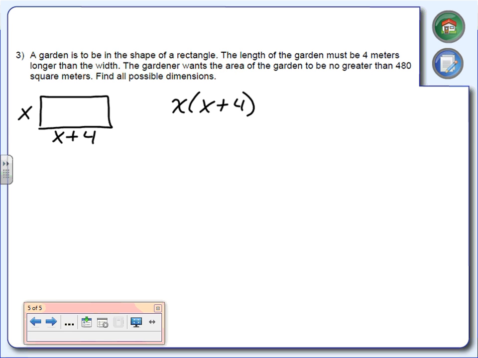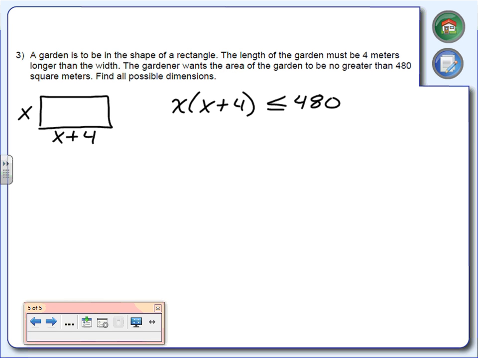So what inequality symbol am I going to have to use if I want to make sure it's no greater than 480? Like that. We want this area to be no greater than 480, which means it's got to be less than or equal to 480. I want to make sure I don't go over that.